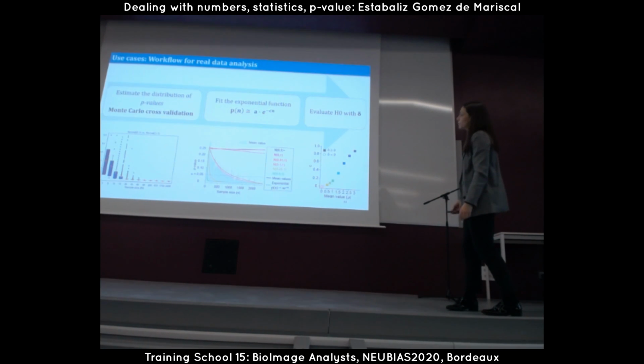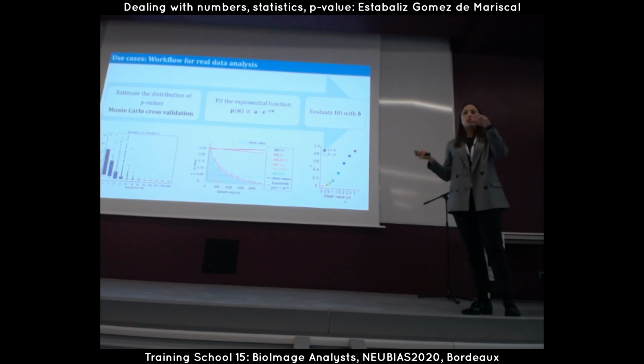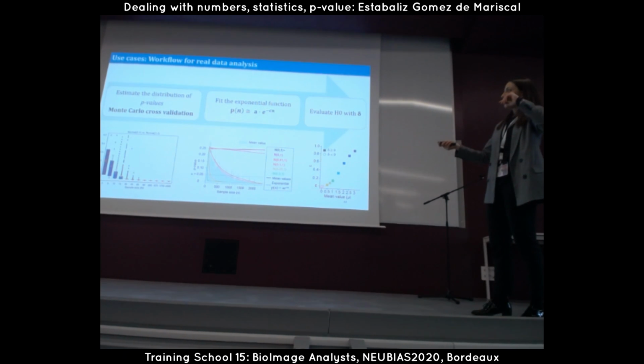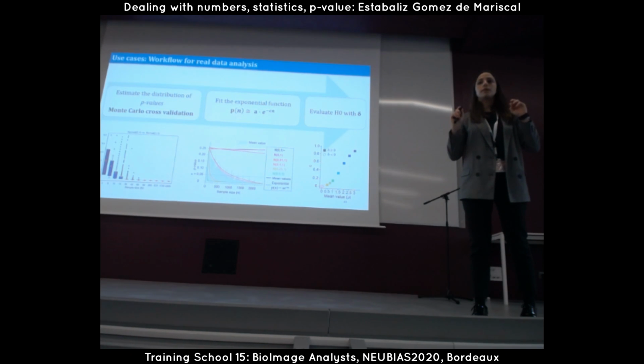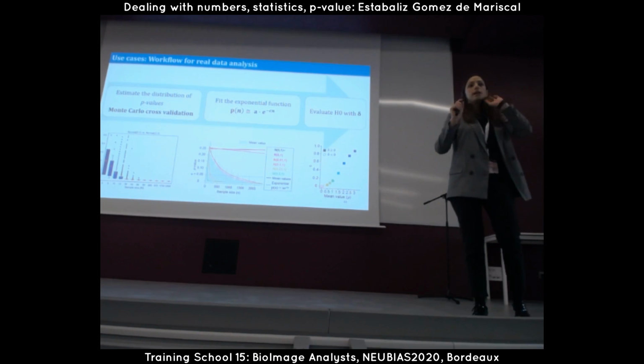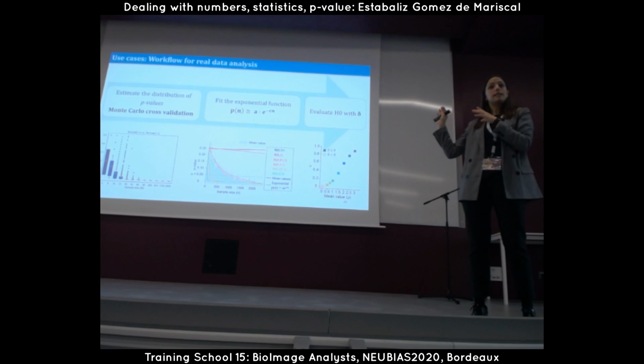So how to use this? The way we do it is we estimate the distributions of p-values using Monte Carlo cross-validation. Do you know what cross-validation is? Yes? No? Okay, it is basically what I told you about sampling in statistics.